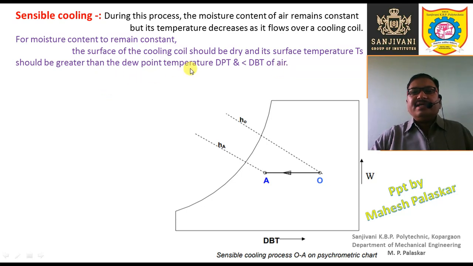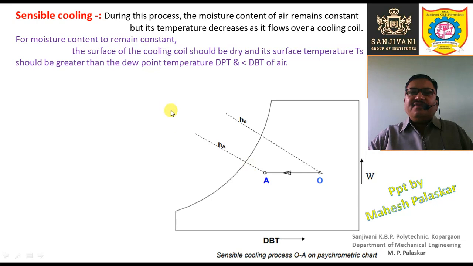But one care we have to take here is that the surface temperature of the cooling coil should be greater than the dew point temperature. Because if the air is cooled below the dew point temperature, then dehumidification will take place. Condensation and separation of the moisture will take place, and that will reduce the humidity, right.